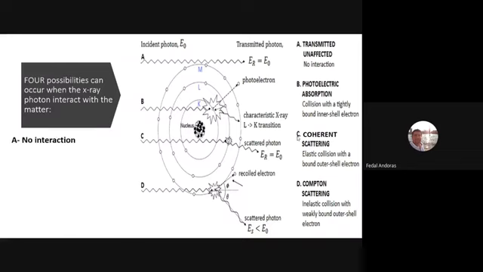First of it, it's no interaction. We know in every matter there is atom. Even human being, or any other matter, there is atom. So X-ray will interact with these atoms. First of this is no interaction, as you say. X-ray, this is transmitted and unaffected.